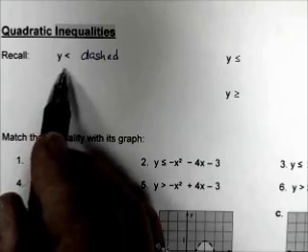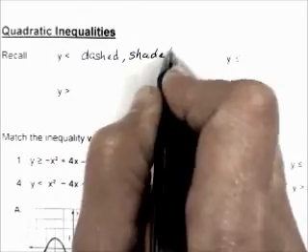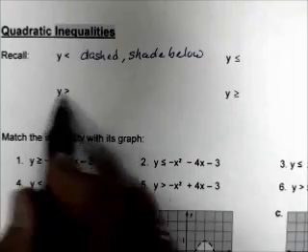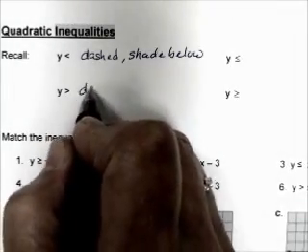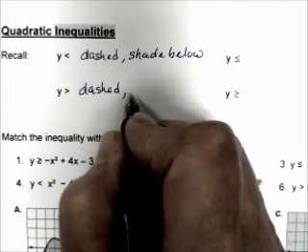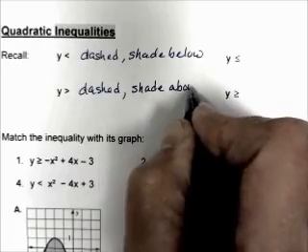And for less than, you shade below. For greater than, your graph would be dashed or dotted, and your shading is above your graph.